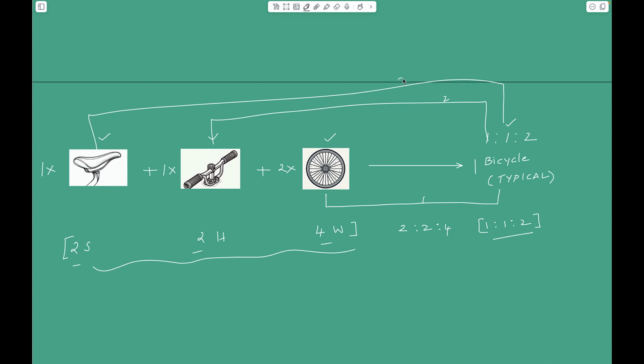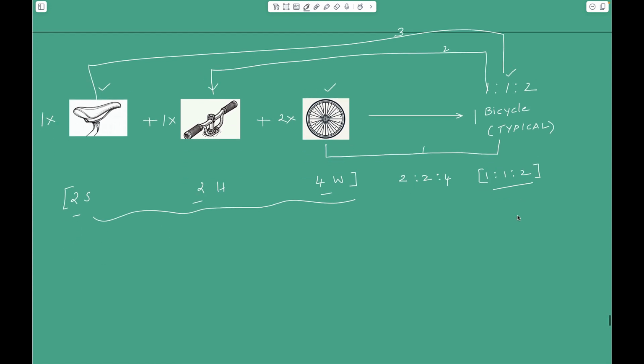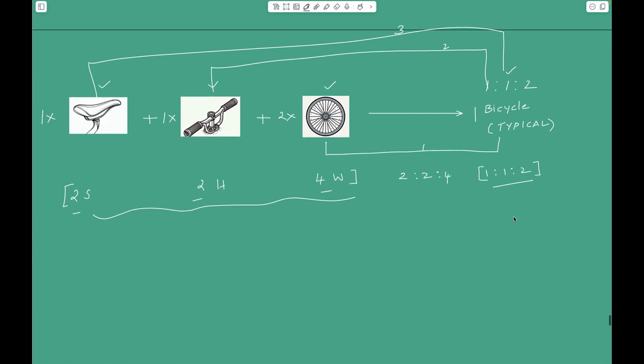You can use any of these three relationships to figure out the number of bicycles you would make. It doesn't matter which relationship you pick, it is completely your choice. Now I pick the number of wheels to answer this question.